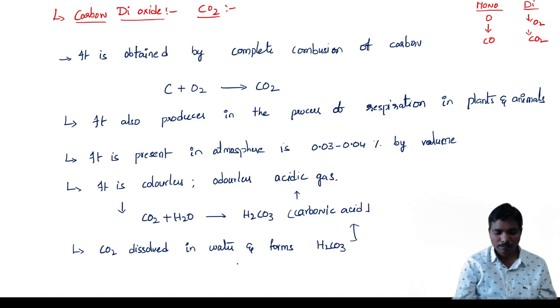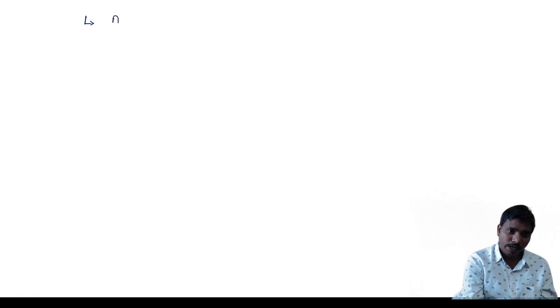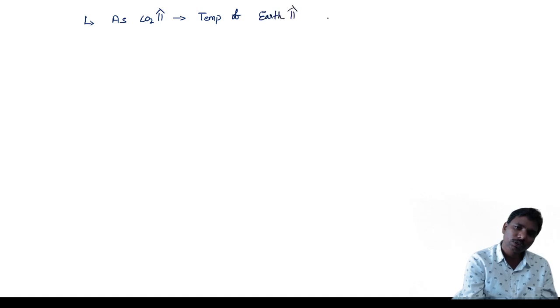Carbonic acid. And we know very well it is also called a greenhouse gas. Why? Because as CO2 increases, the temperature of our earth increases. So we call this global warming. CO2 is mainly responsible for global warming.